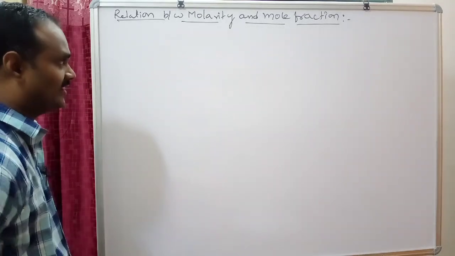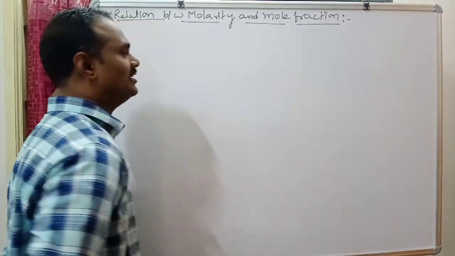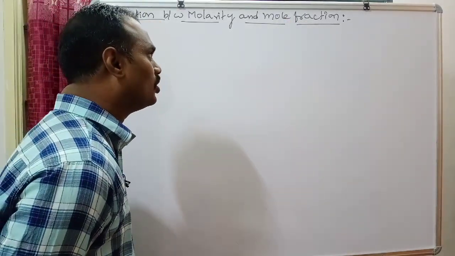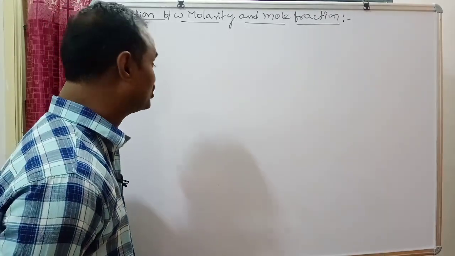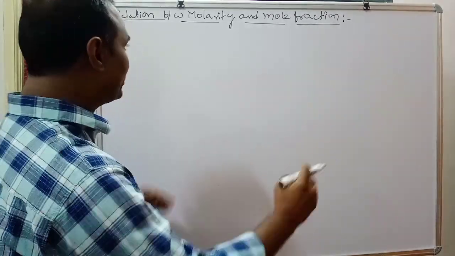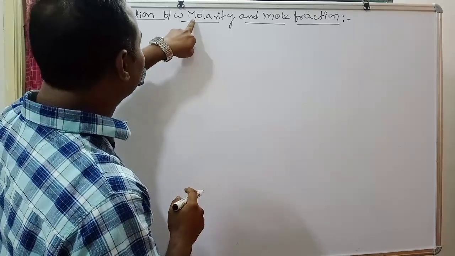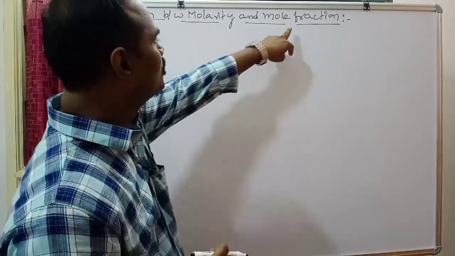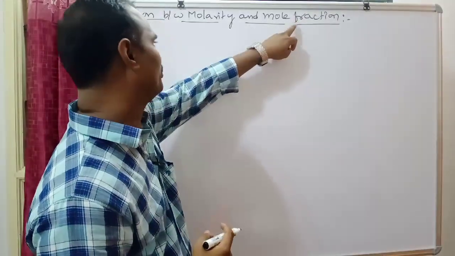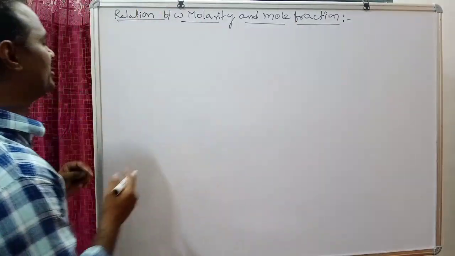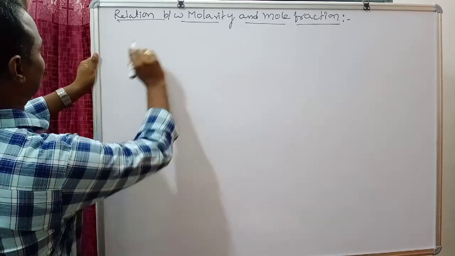Now come to the mole fraction. It is the relative ratio of number of moles of one component to the number of moles of all components present in the solution. Molarity is denoted by capital M and mole fraction by the symbol X or chi. We are going to see the relation between these two.